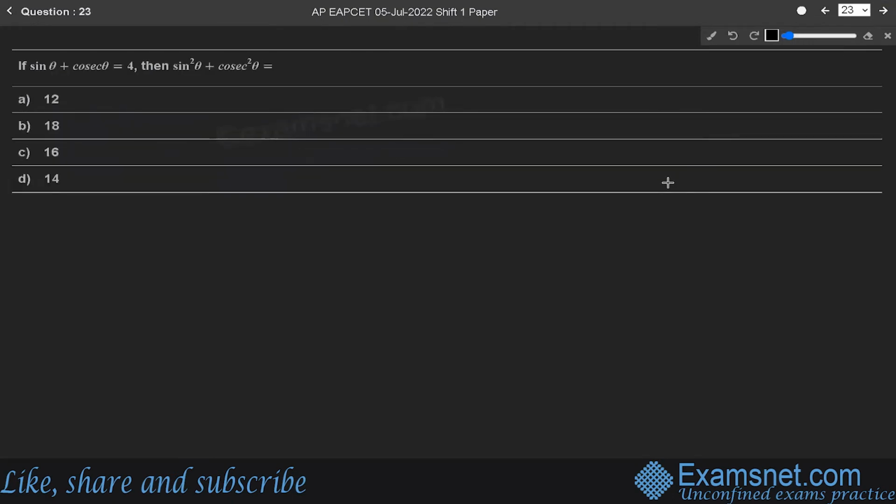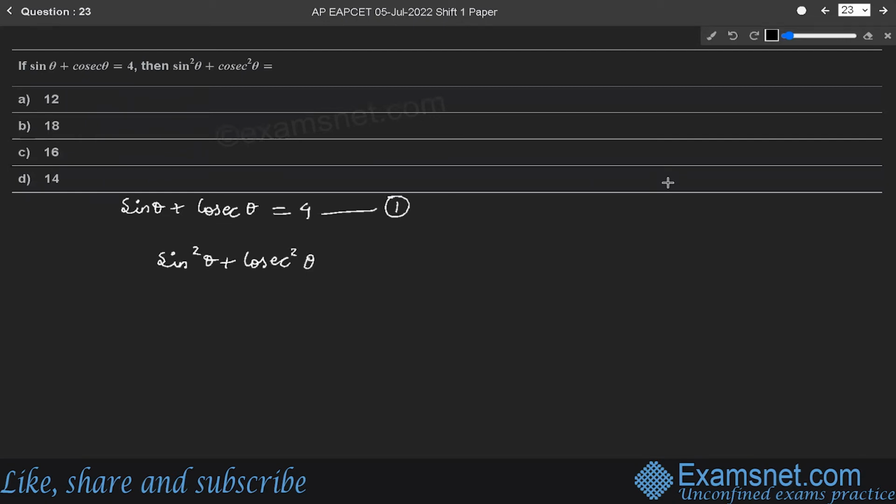Next question is again from trigonometry, and the question is, if sin theta plus cosec theta is equal to 4, then sin square theta plus cosec square theta is. We have to find the value for sin square theta plus cosec square theta. An equation is given here, so let this be equation number 1.